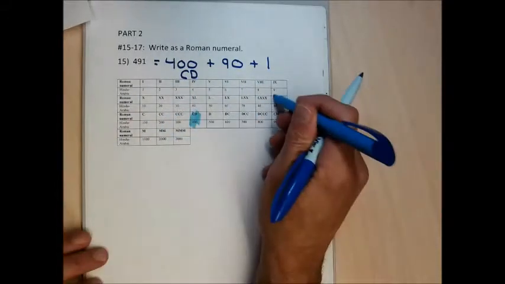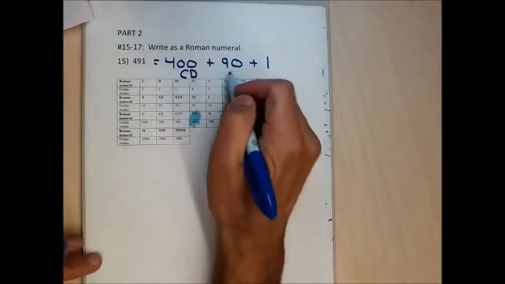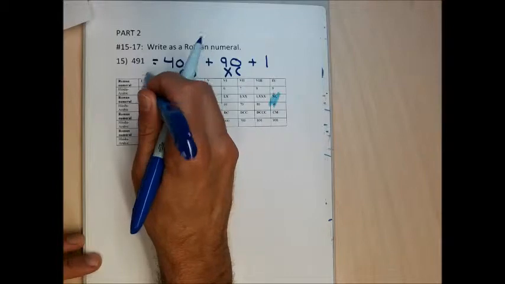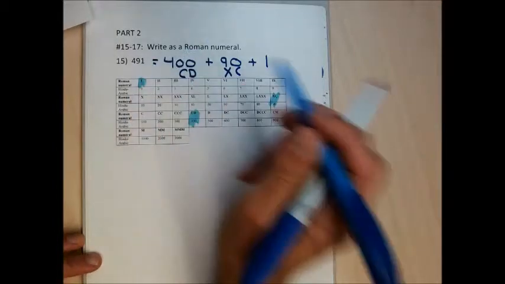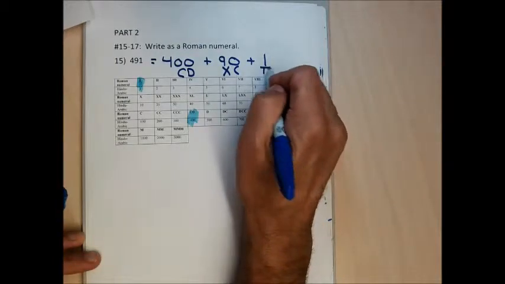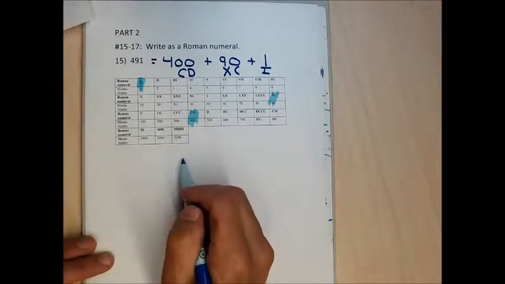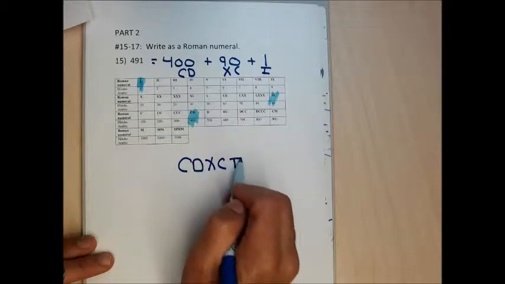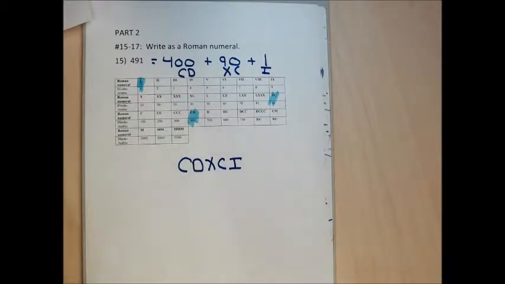The 90 part of this is an XC. And the 1 part of this is an I. So the answer to problem 15, the Roman numeral for 491, is CD, XC, I. And that's all there is to do for that.